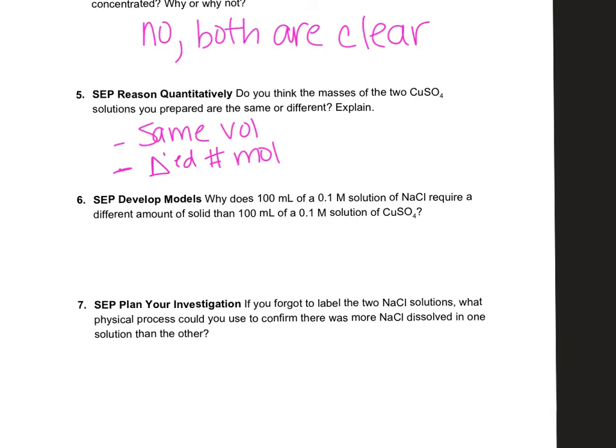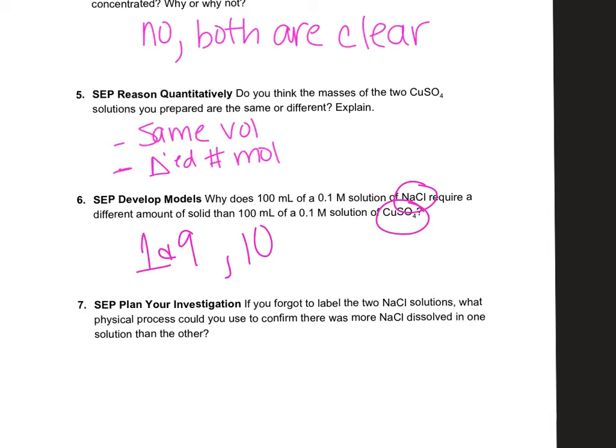Number 6 says develop a model. Why does 100 milliliters of a 0.1 solution of sodium chloride require a different amount of solid than 100 milliliters of the copper sulfate solution? What is the big difference between this one and this one? If you look back at questions 1 and 9 and compare them to number 10 from the procedures, we see these smaller numbers compared to something like 12 grams.